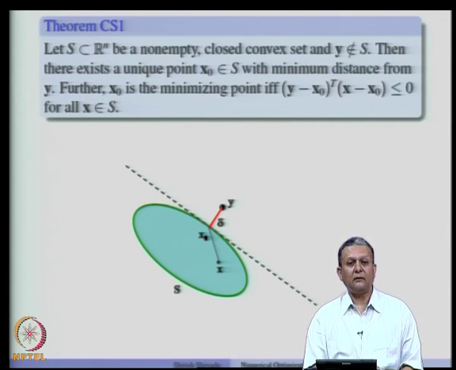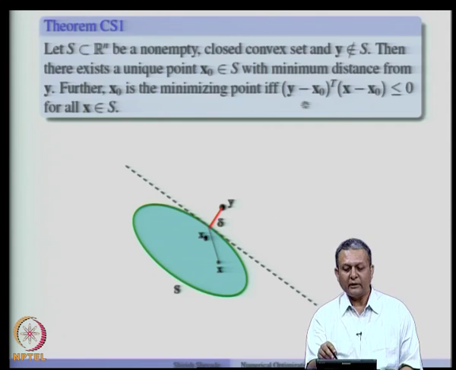We also showed that such a point x0 is always unique. Then we showed that if x0 is the minimizing point, then y minus x naught transpose x minus x naught is less than or equal to 0, and if y minus x naught transpose x minus x naught is less than or equal to 0 for all x belonging to S, then x0 is the minimizing point. And it is easy to see it here.